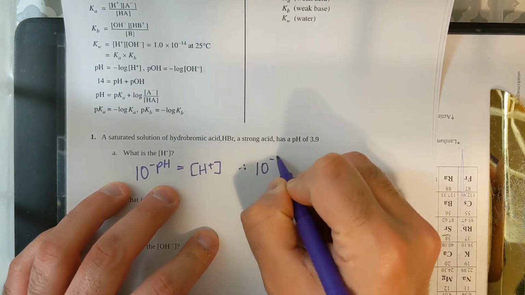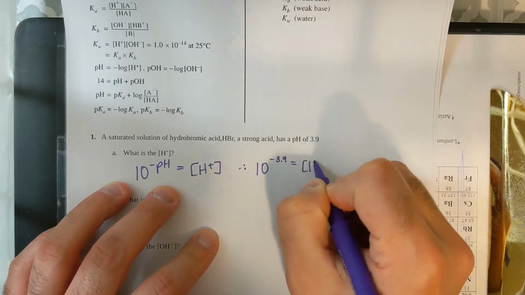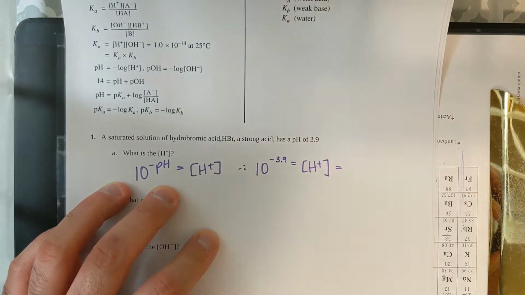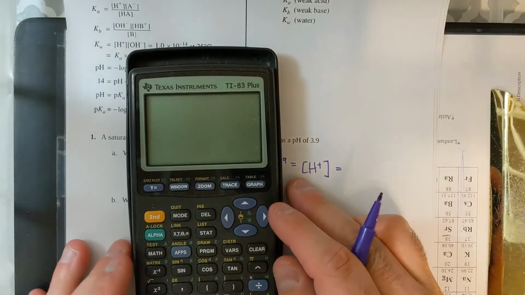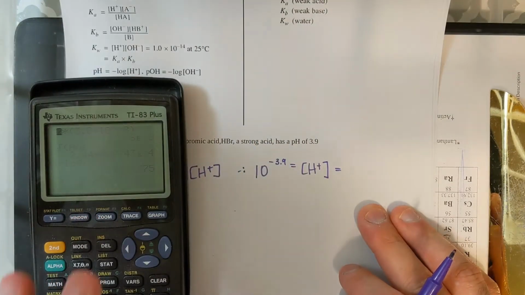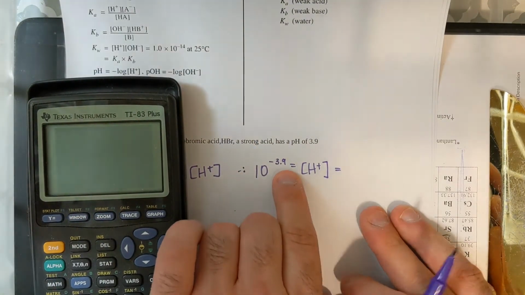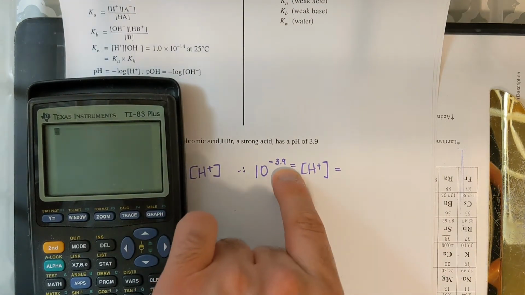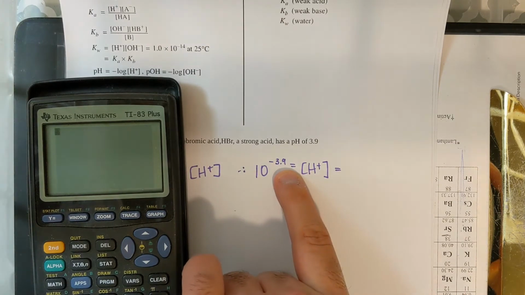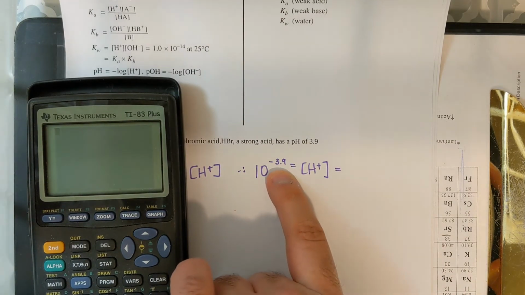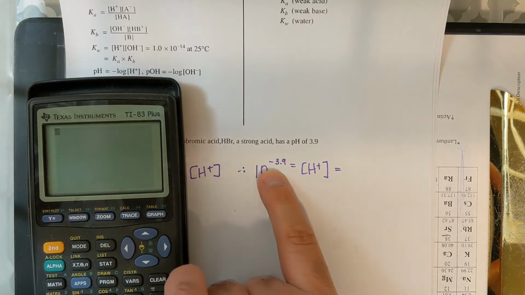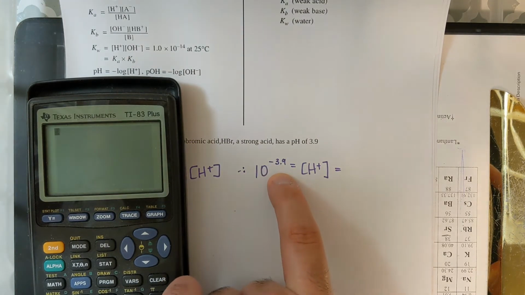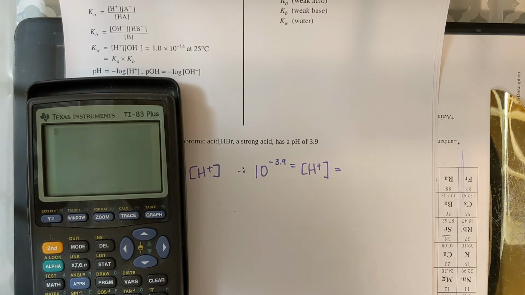Therefore, 10 raised to the negative 3.9 is equal to the concentration of H+. And keep in mind, if we were asked about significant figures, since I have two significant figures in my pH and one decimal place, that means my answer must have one significant figure.